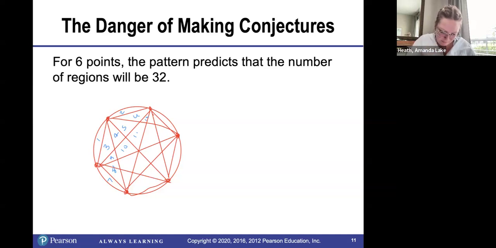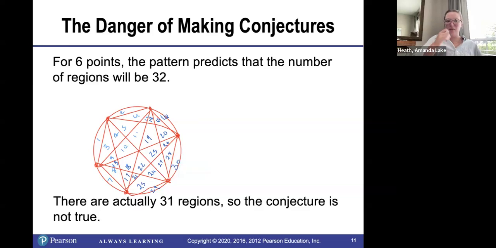You can keep counting. 12, 13 is the one I missed here. 14, 15, 16, 17, 18, 19, 20, 21, 22, 23, 24, 25, 26, 27, 28, 29, 30. Okay, so I'm too short.